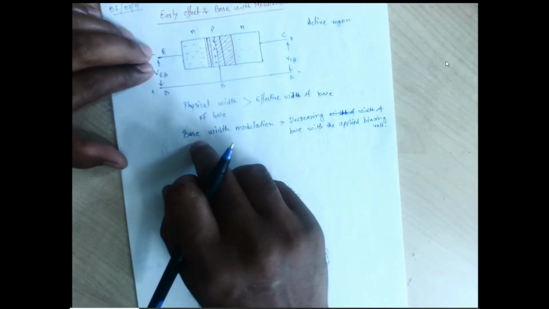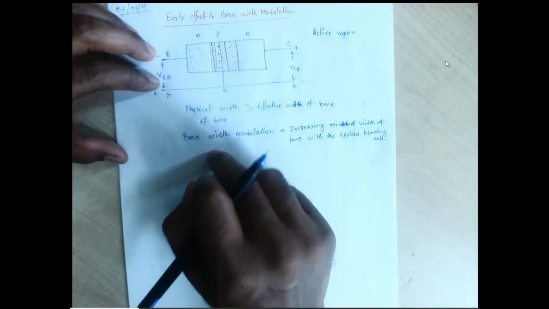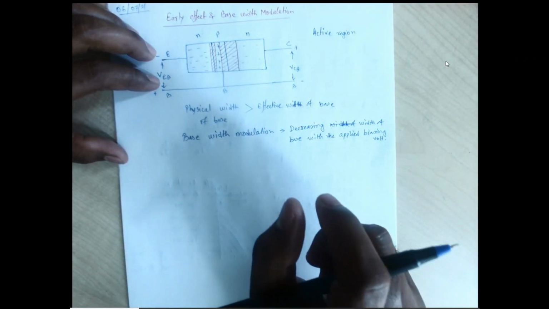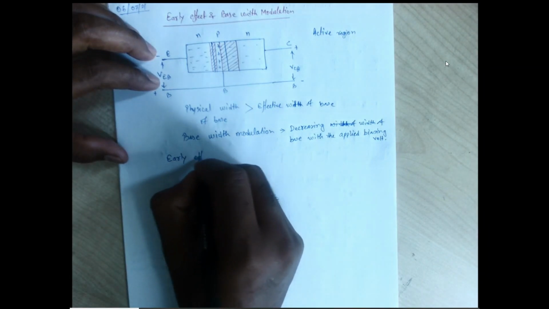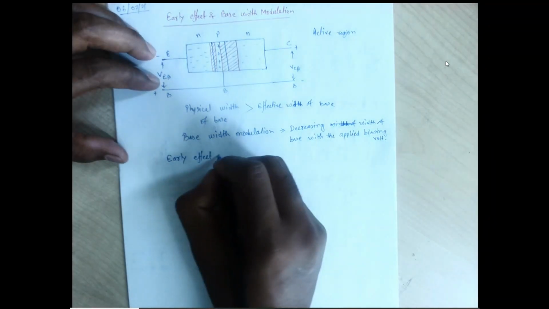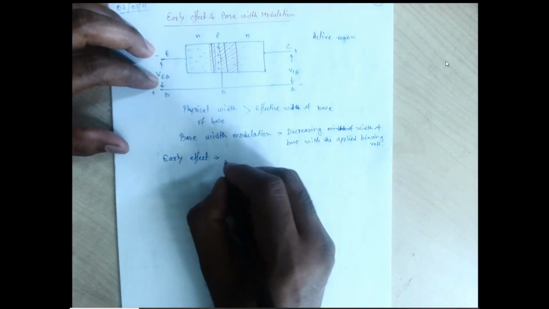This effect, that is, with the application of biasing voltages, as the base width is decreasing, is known as early effect. That is the effect of base width modulation.